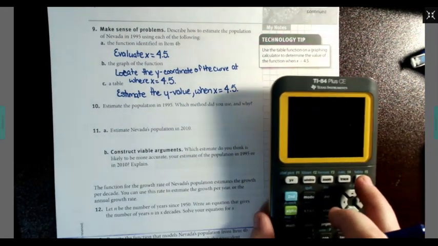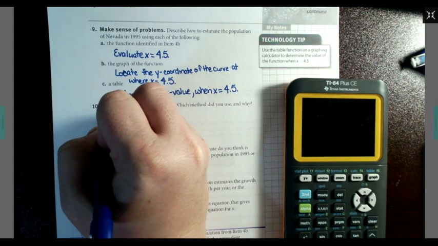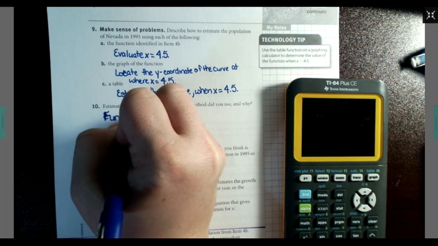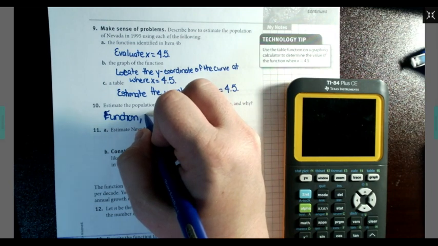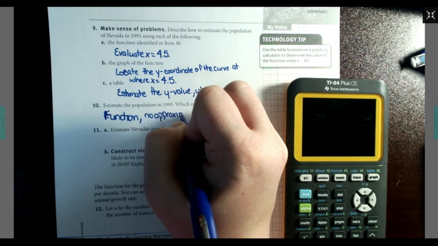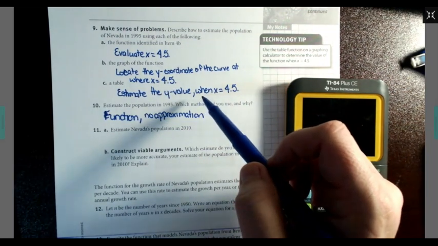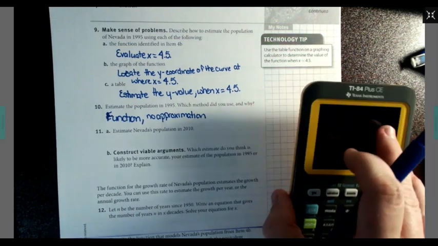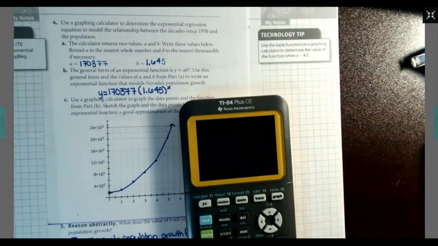I'm actually going to use the expression method. Oops, sorry, not the expression, the function. With both the graph and with the table, I'm going to have to approximate where 4.5 would be. Whereas here, if I use the function, it's just simply plugging it in.